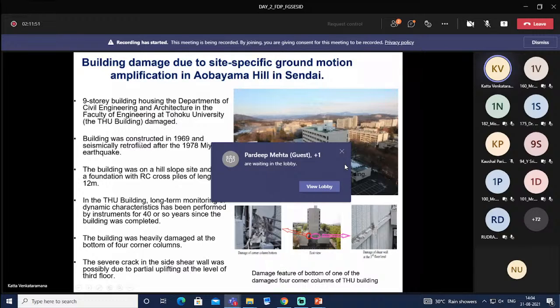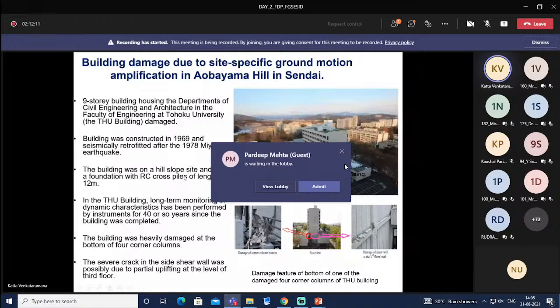This building got damaged. It was constructed in 1969 and seismically retrofitted after the 1978 Miyagi earthquake. There was a severe earthquake nearby in 1978, after which this building was retrofitted.